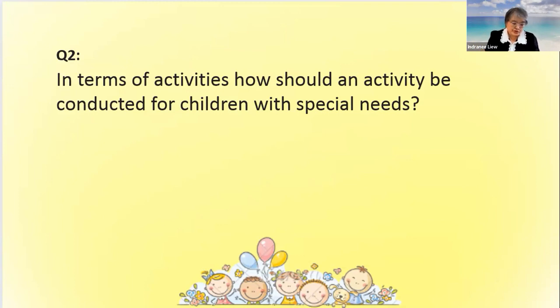And then what you do is you put the red pom-poms in this red bowl, the yellow pom-poms in this yellow bowl. Sorry, the blue pom-pom should go into the blue bowl and the green pom-pom into the green bowl. Very good.